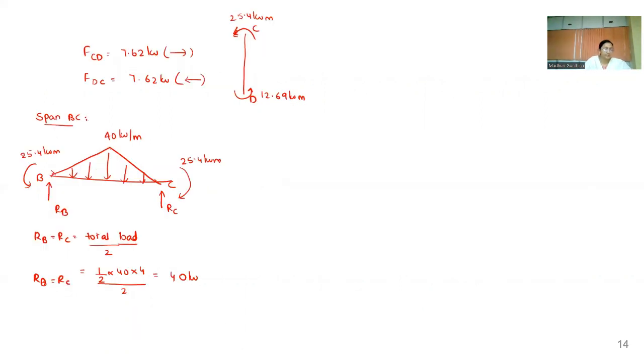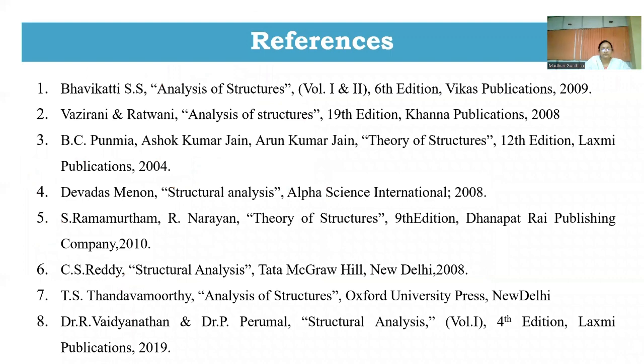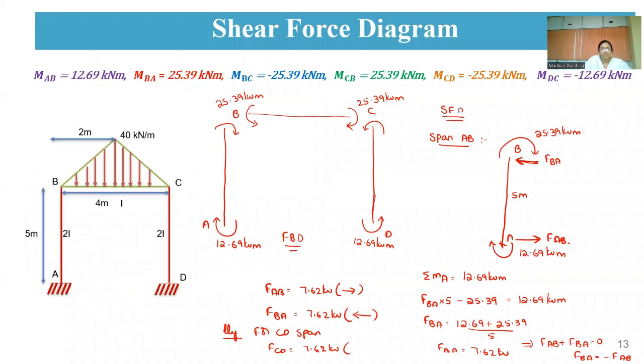So the shear force diagram will be, this is A, B, C, and D. So for AB and BC, you're getting this is in this direction and this is in this direction.